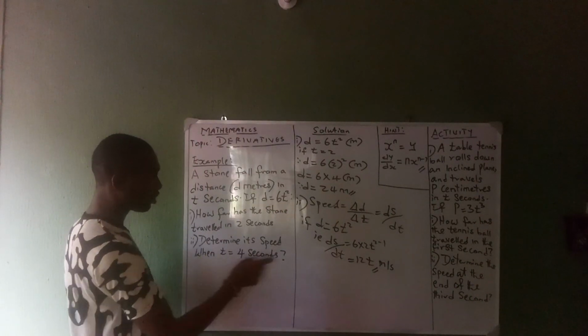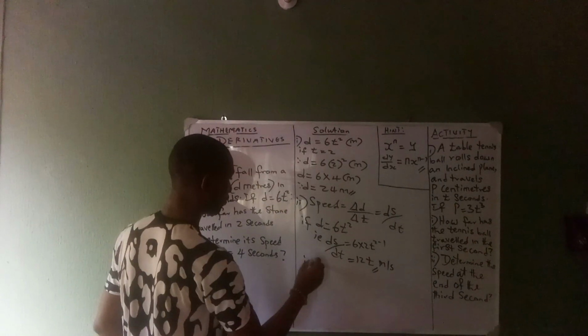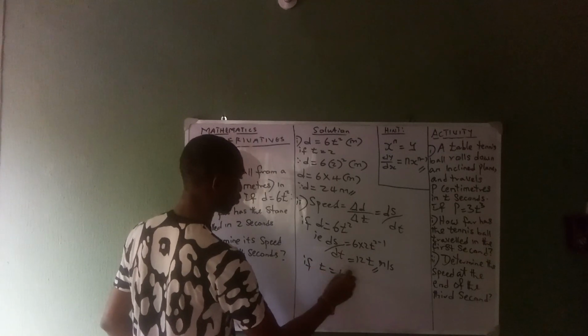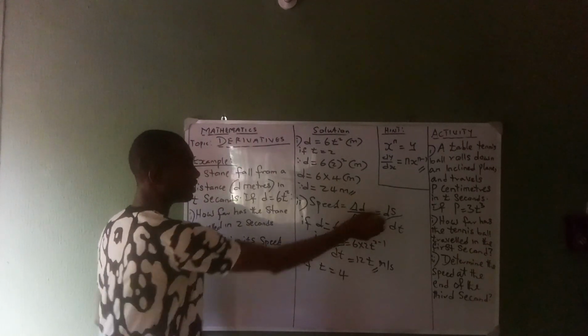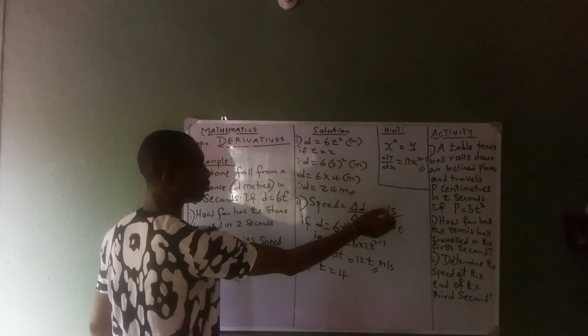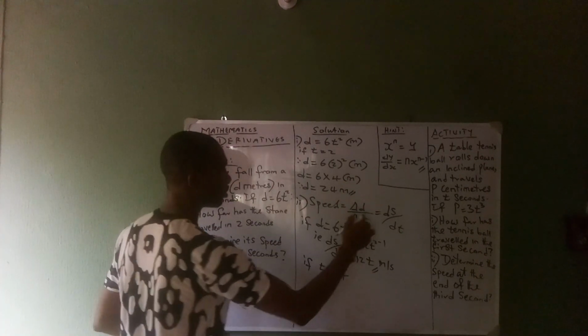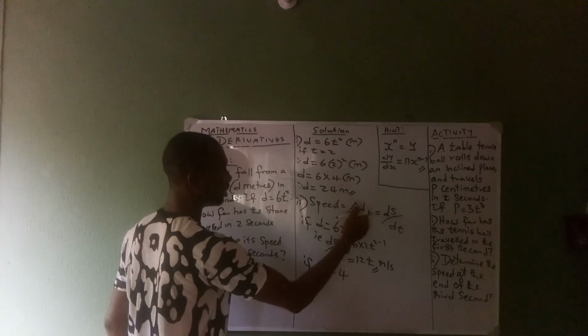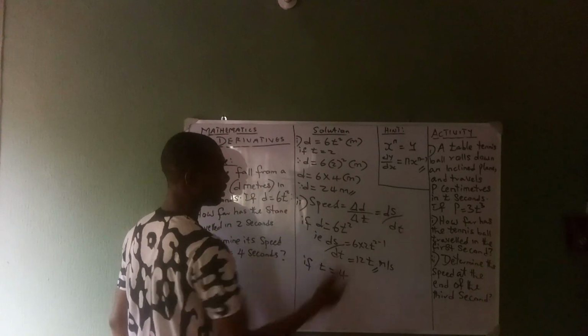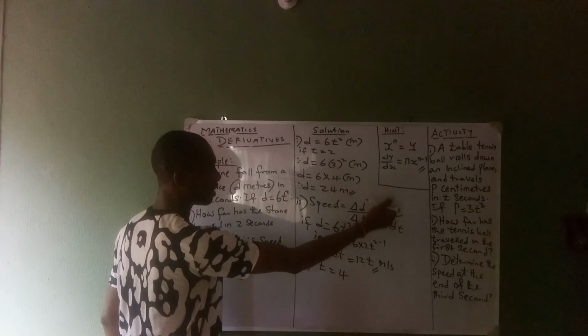Now they said for 4 seconds. Now if t is equal to 4, we are asked to find the speed. Speed is equal to change in d over change in t, that is, we have it as ds over dt.